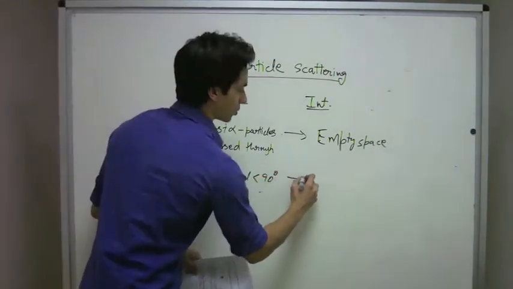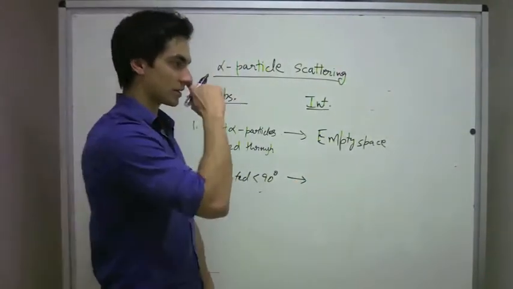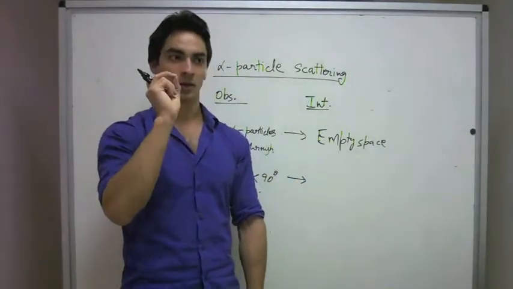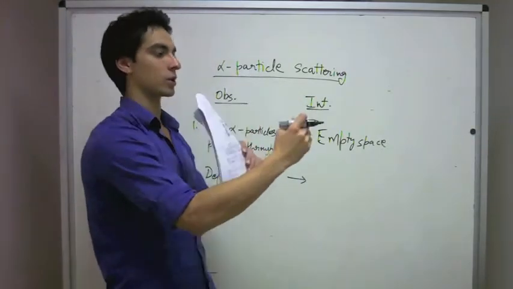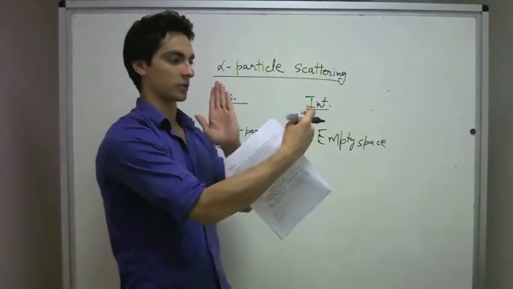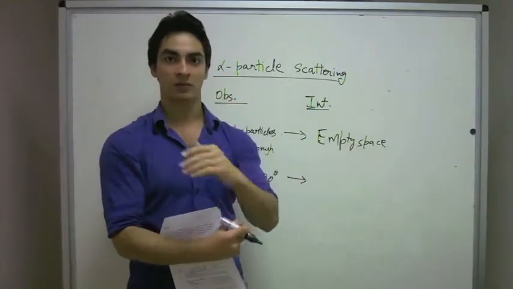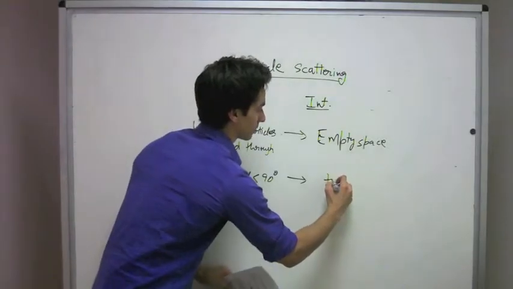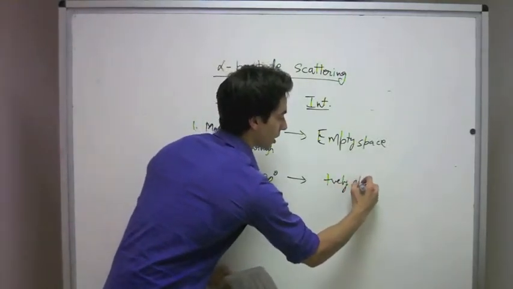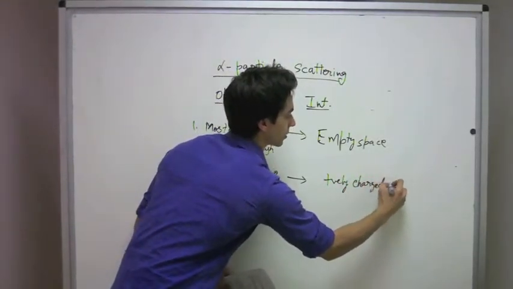Okay? This shows that within this empty space there is a positively charged nucleus. Okay? So that positively charged nucleus is actually repelling the positively charged alpha particles and deflecting them at angles less than 90 degrees. Okay? So there's a positively charged center.